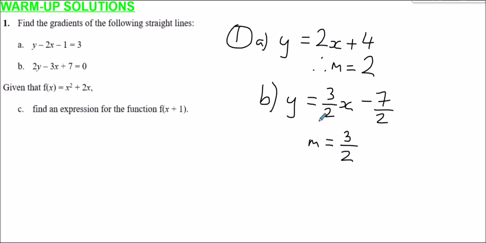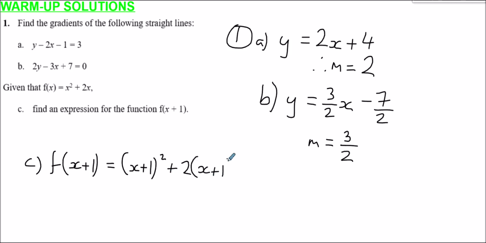And for part C, slightly harder but not too bad, the function of x here is we're going to square whatever we're inputting into the function, then plus 2 lots of itself. And so if our input is not x but x plus 1, that means we're going to be squaring x plus 1 and then adding on 2 lots of itself, in other words 2 lots of x plus 1.